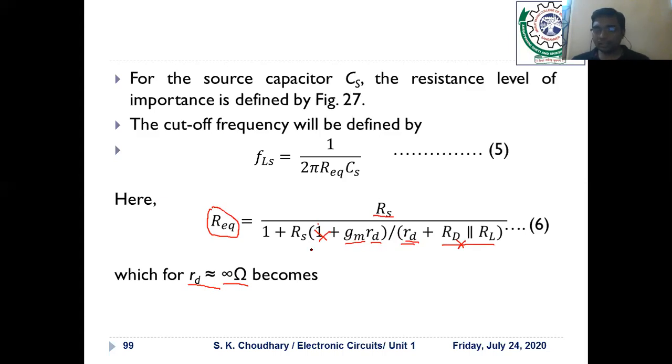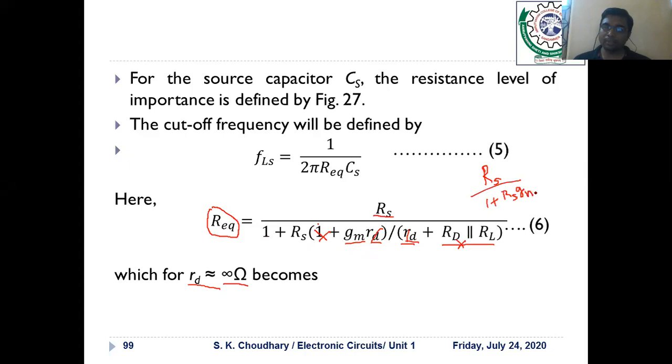So in the denominator, RS upon 1 plus RS GM-RD upon RD. So RD is cancelled out. The remaining term would be RS upon 1 plus RS GM.